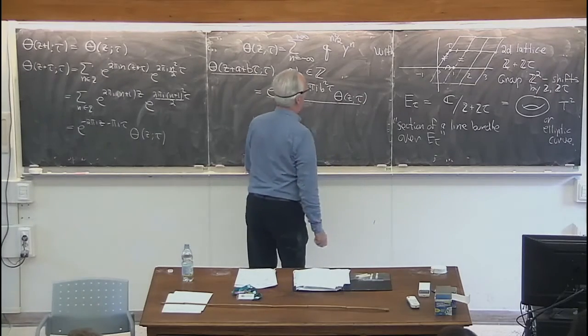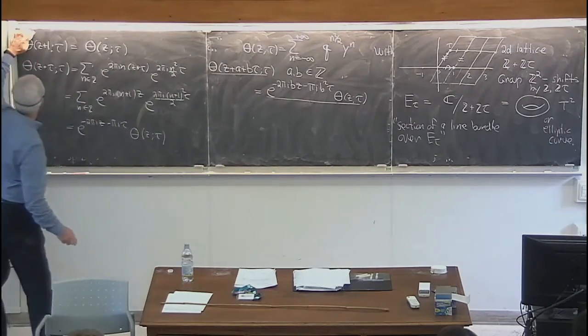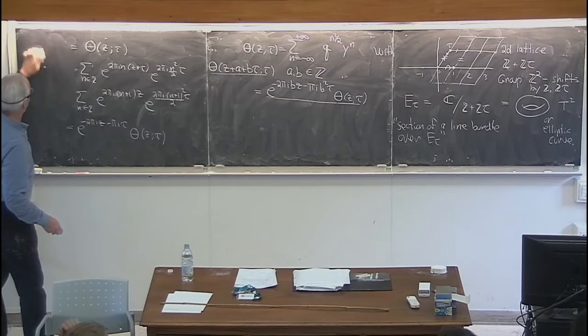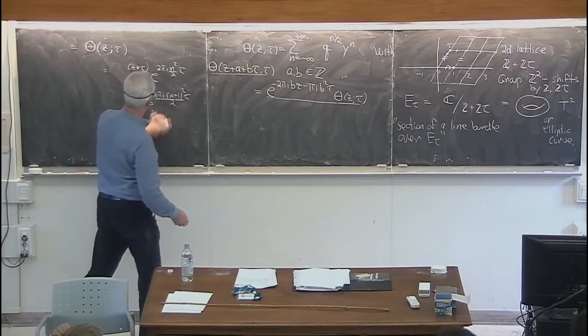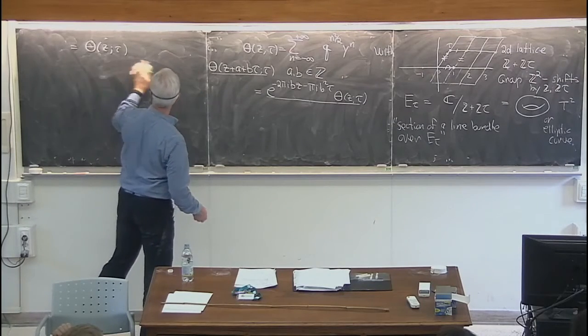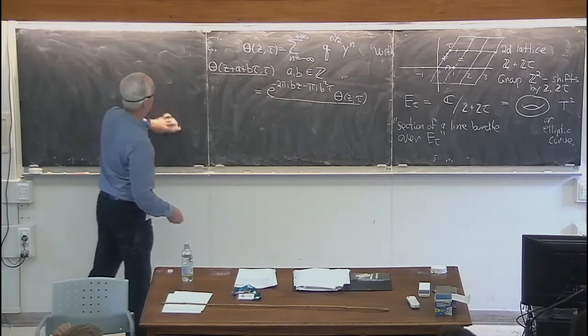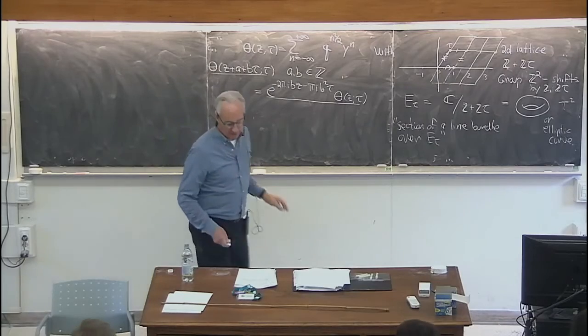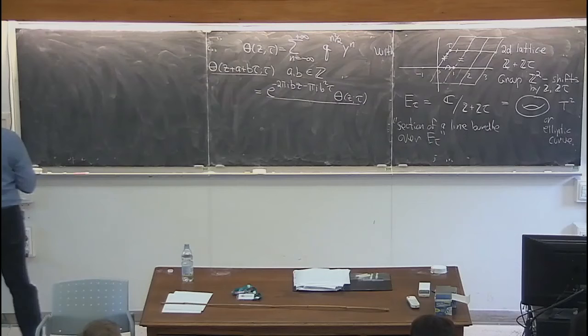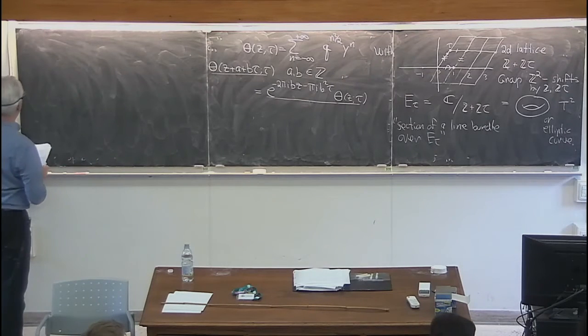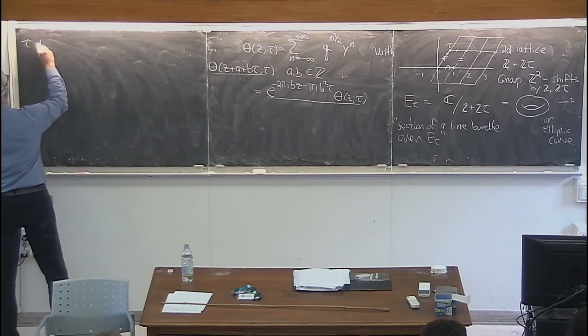Okay, so far we've seen that there's a transformation law when we change z, which has a group theoretical significance. But there are also properties when I change tau. So there are interesting tau transformations.